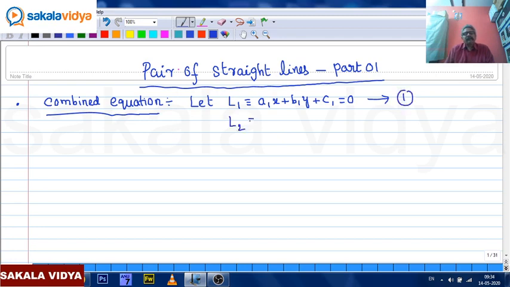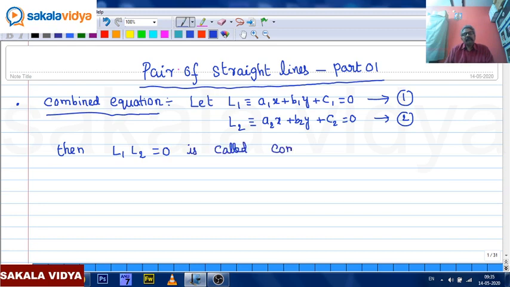L2 equals to a2x plus b2y plus c2 equals to 0. Say equation 2. So then L1 into L2 is also equals to 0, is called combined equation of L1 is equal to 0 and L2 is equal to 0.